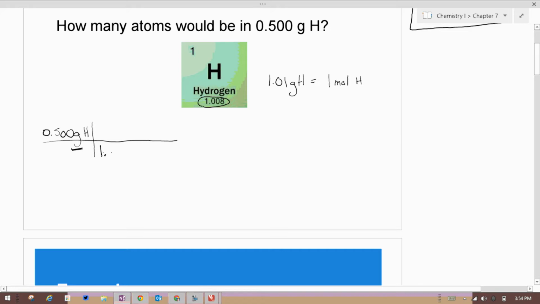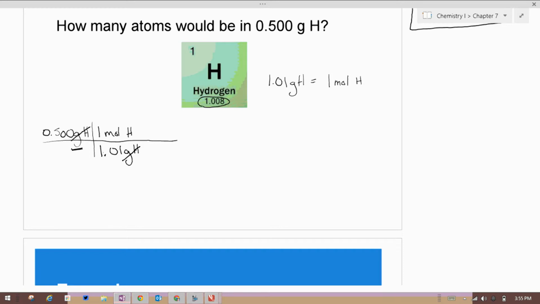So I put the 1.01 grams of hydrogen right here and the 1 mole of hydrogen right there in the top box. Now my grams have canceled themselves out, and that is why I always want to put them on opposite ends. And by doing that, that has left me with the only unit of mole.